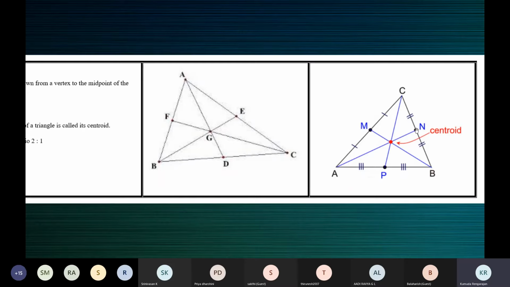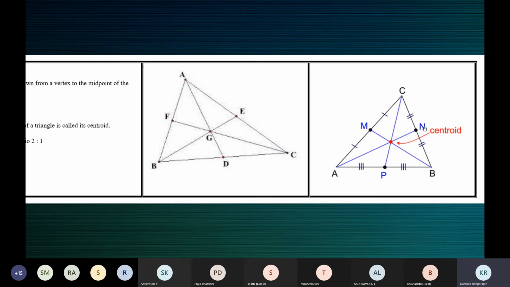Similarly, to find the coordinates of N, this will be x1, y1, this will be x2, y2. The one x coordinate, one y coordinate. See, N is the midpoint of BC. So you must use the coordinates of B and the coordinates of C to find the coordinates of N. You can take this as x1, y1, this one as x2, y2.